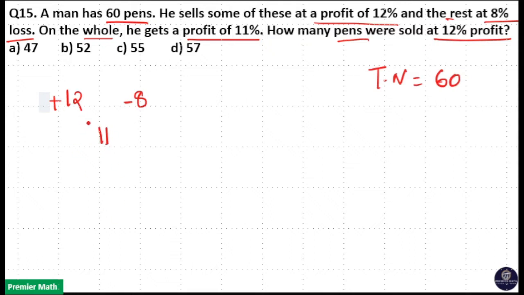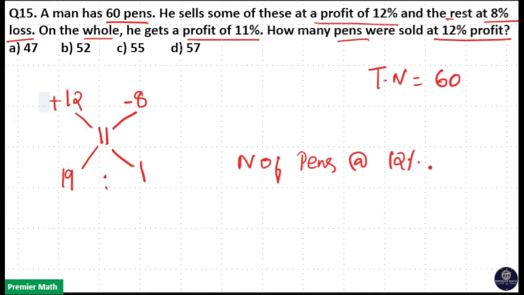So when you use the alligation method, 12 minus 11 is equal to 1. 11 minus (minus 8) is equal to 19. So 19 is to 1 is the ratio of the number of pens he sold at 12% profit and the number of pens he sold at 8% loss. So the number of pens he sold at 12% profit is 19 out of 20.